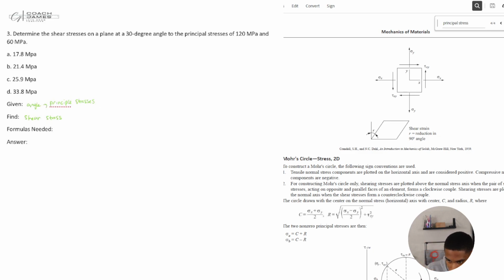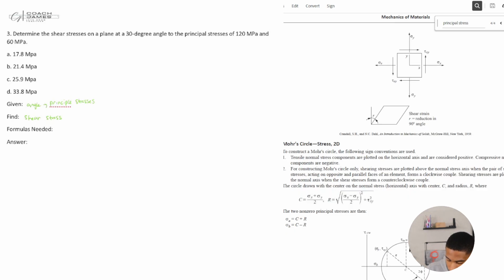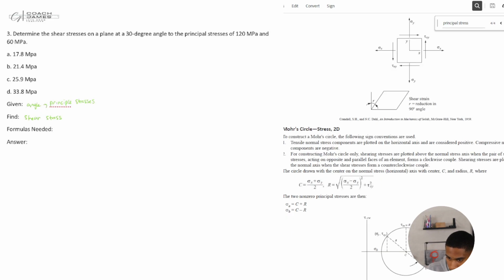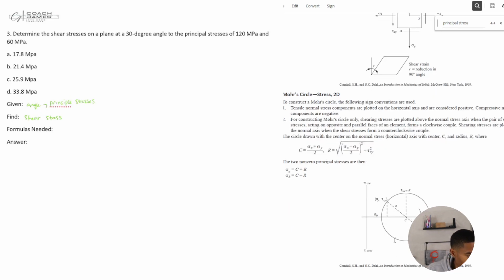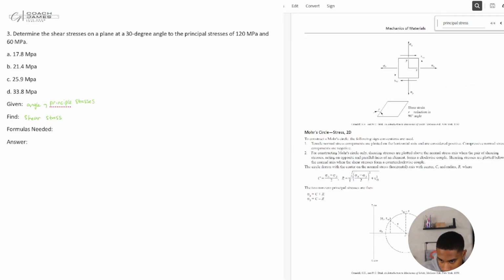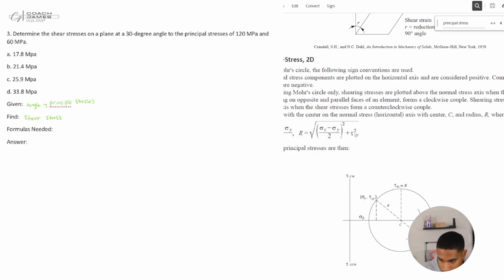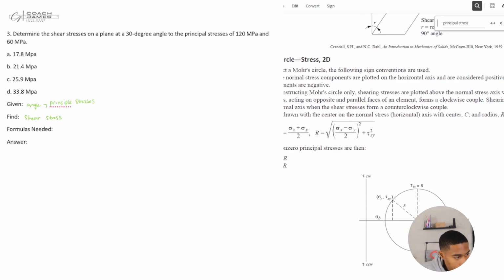The first thing we need to do is find the formulas that we need. We need to know what the angle is, so very important that you note. The formula that we're going to need is going to come from what it is they're asking for.